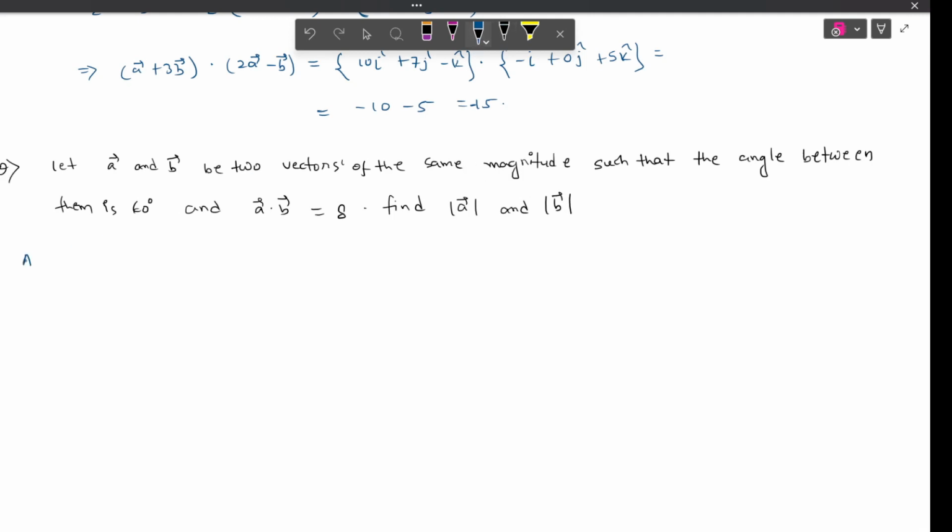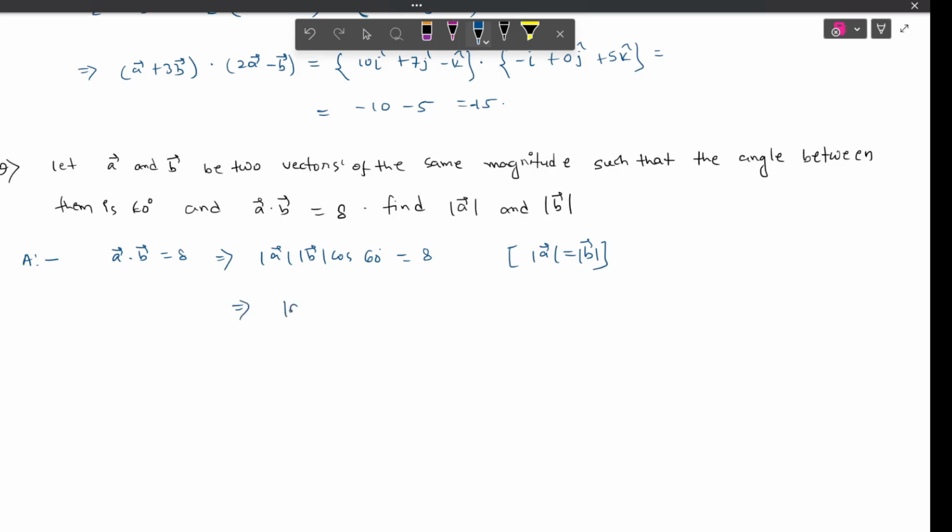Okay, so let's see the solution. It is given that A vector dot B vector is 8. So we can say mod A mod B cos of the angle, which is given as 60 degrees, is 8. It is given that A and B are two vectors of the same magnitude, so mod of A vector equals mod of B vector.